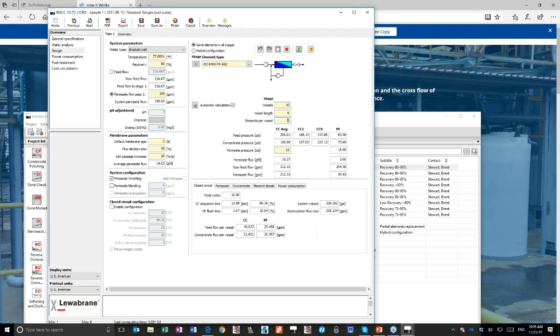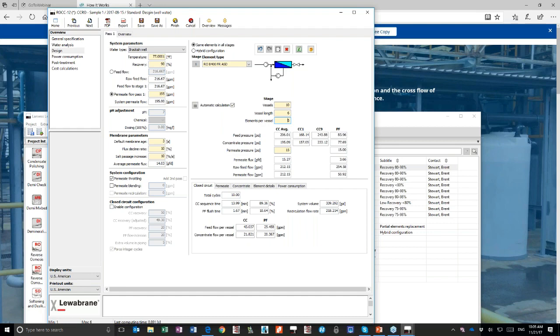Quick question, looks like this is for Alan. Given Lewa's presentation, are there things that you do differently for their projections? I'm assuming that means CCRO versus other membrane supplier projections? I'm not sure I understand the question precisely, Leanne.